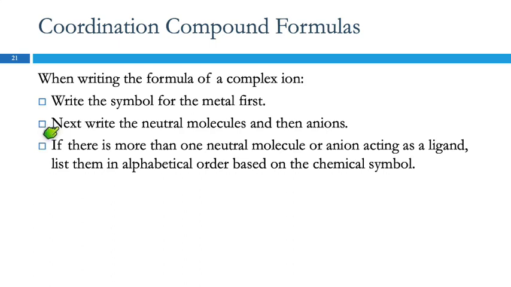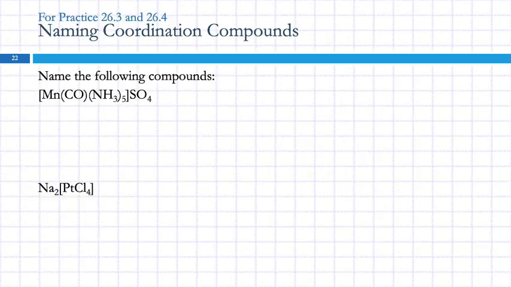Neutral molecules first, and then anions. If we have more than one neutral molecule or more than one anion, the neutrals go first and then the anions. Well, what if we have two different anions? Then we go with alphabetical order. Seriously, I did not make this up.